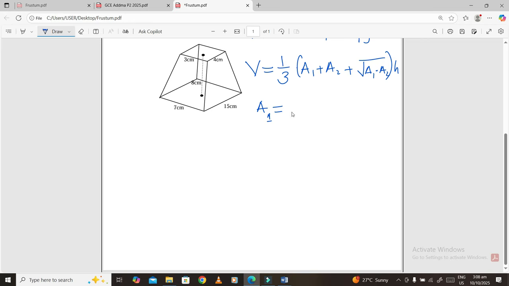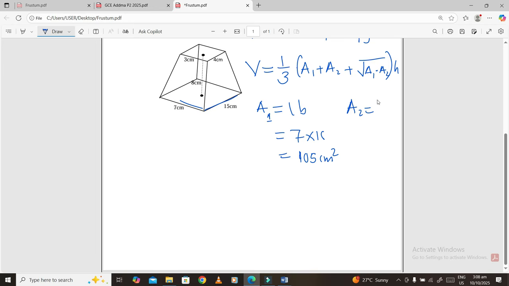That would be L times B, the length and the breadth, so 7 times 15, which gives us 105 centimeters squared.